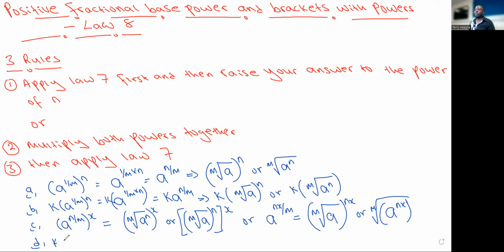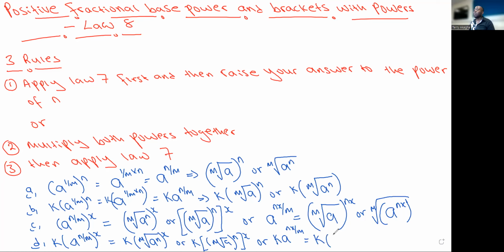Then, if you have a constant, it's going to be k times the mth root of a to the power n, raised to the power x, or you can have k times the mth root of a to the power n, to the power x. It's exactly the same thing, but the difference now is that we're going to have the constant outside the bracket.